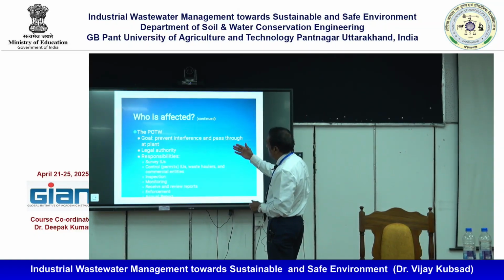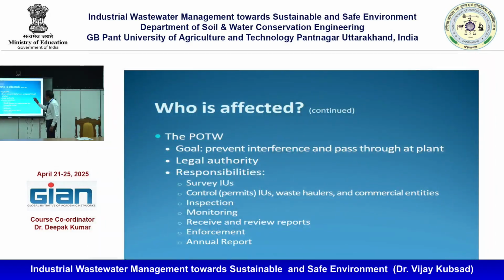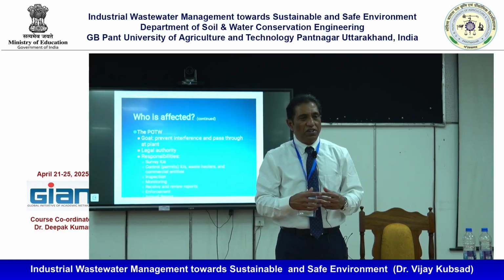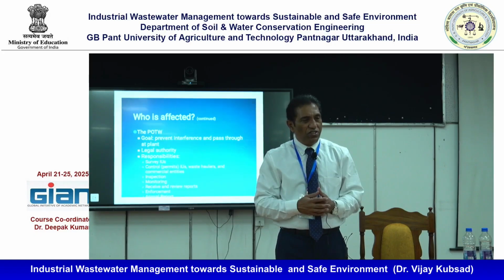Then I have already mentioned who is affected, the POTW, and the goal to prevent interference and pass through of the treatment, and the legal authority and responsibility. What is this survey of industrial users? These are the components of how you run the program. Is it just to treat at the treatment plant and discharge?